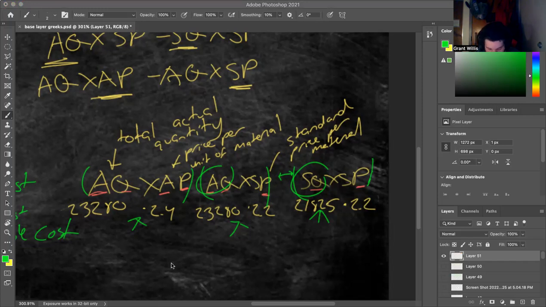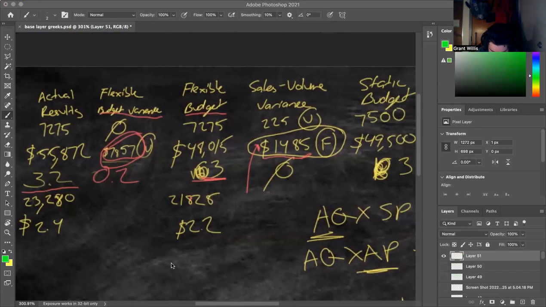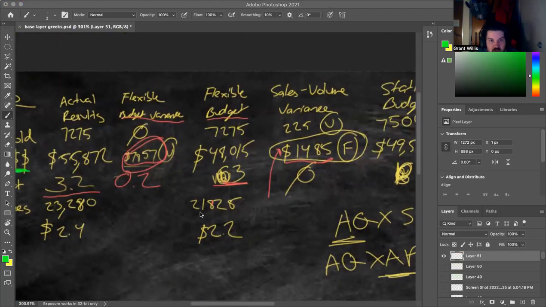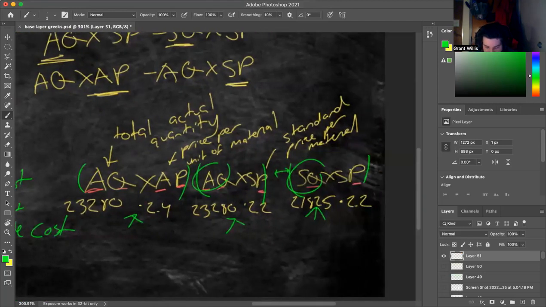So it'd be 23,280 times 2.4 minus 22,500 times 2.2. No, you use this number right here, the flexible number. So it'd be 21,825 times 2.2.